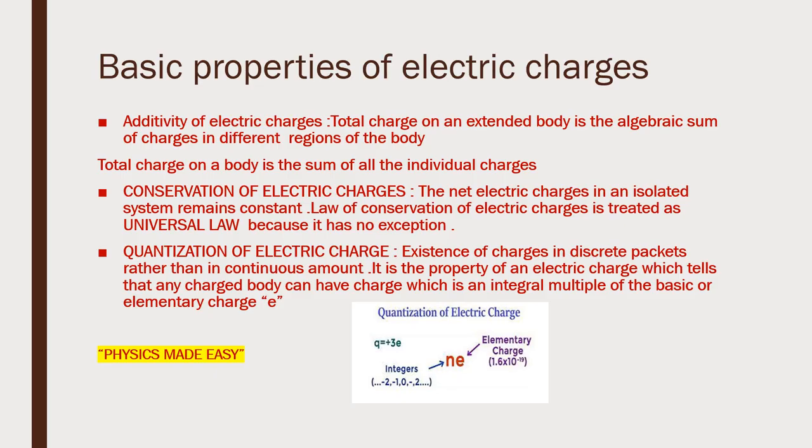So the formula for the charge is Q equals plus or minus n e. Here n represents an integer, which can be positive or negative. e represents the elementary charge and its value is equal to 1.6 times 10 raised to power minus 19 coulomb. So this is the total charge, and this is equal to n e.